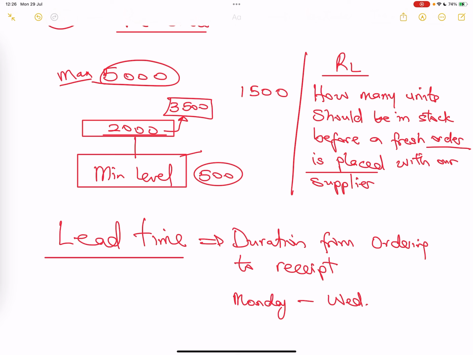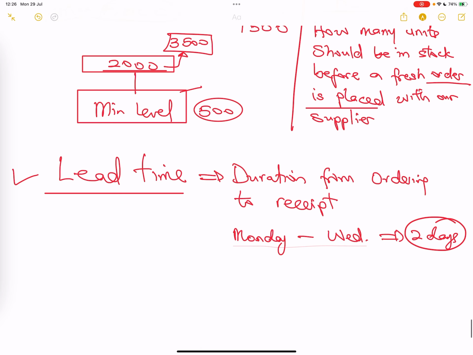Monday to Tuesday is 1 day, Tuesday to Wednesday is another day. So your lead time is 2 days, 48 hours for your order to come in from the day you place it. And that is the concept of lead time.